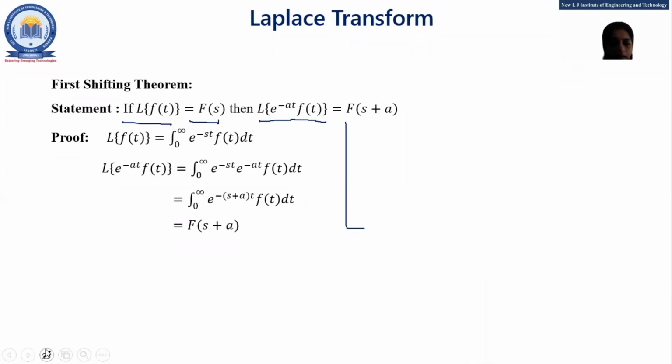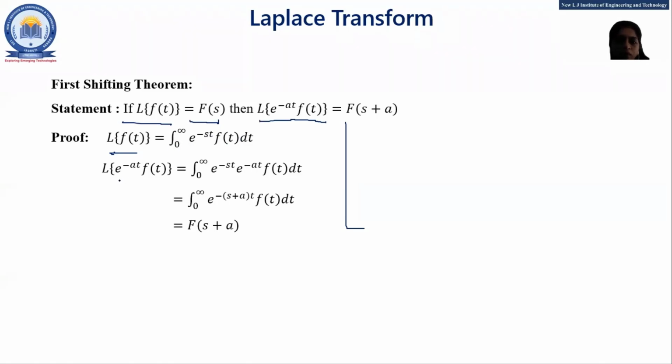So the proof of the theorem is, if we apply the Laplace on the function f of t, then we have the defined formula, and that formula is integration 0 to infinity e raised to minus st f of t dt.